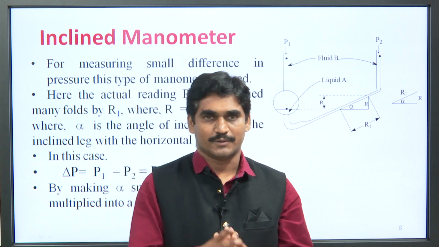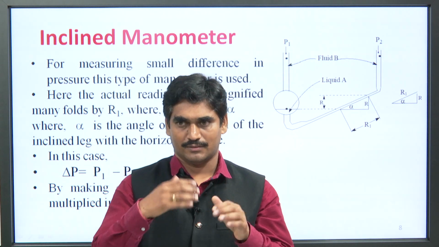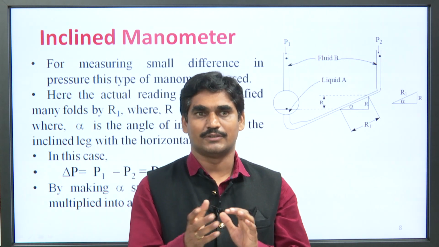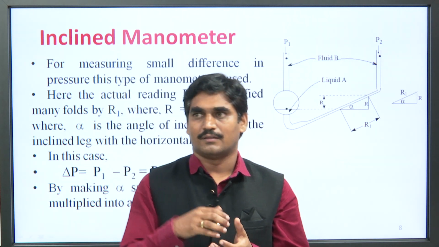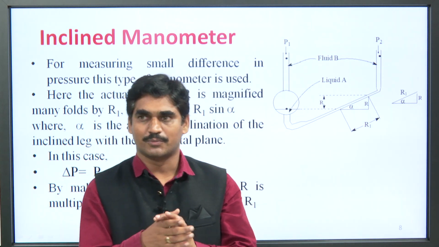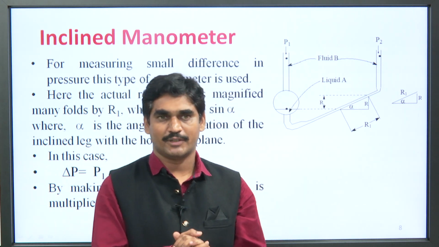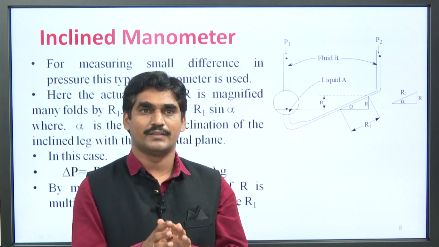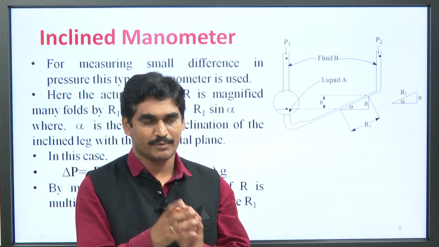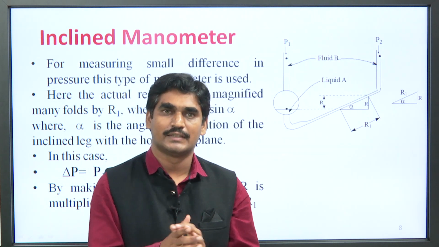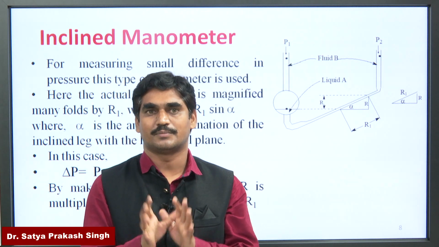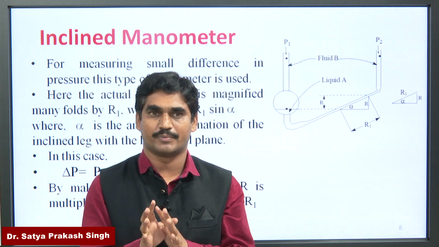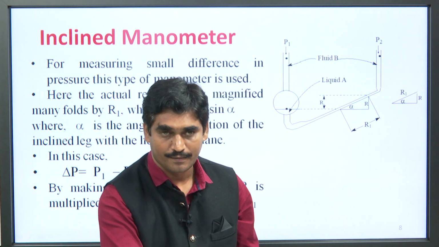All these 3 manometers are used for measuring pressure difference. The simple manometer is most frequently used, while the differential manometer is less frequently used for measuring small pressure differences, and the inclined manometer is also used for measurement of small pressure differences.